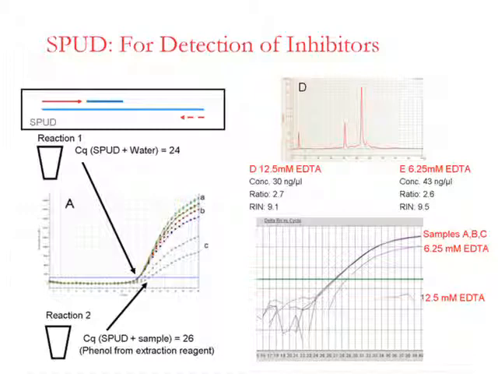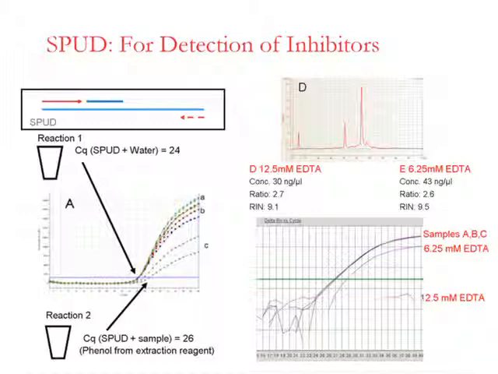On the right-hand side, you can see a sample that apparently, according to the Agilent Bioanalyzer analysis, is of high quality. However, we know that during the preparation of this sample and one similar, a concentration of EDTA was added, and this was done to simulate the effect of an inhibitor within a sample.